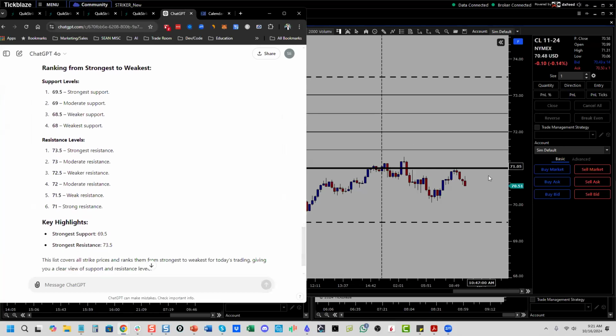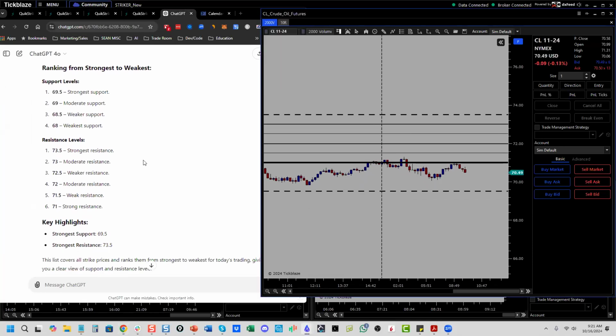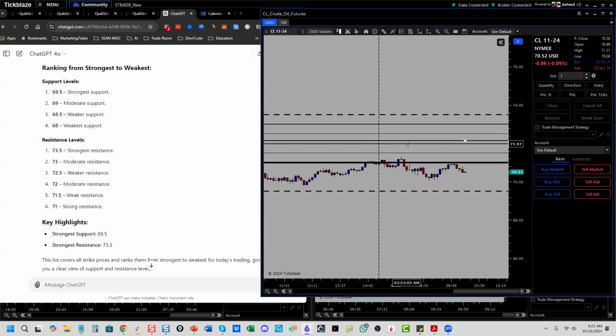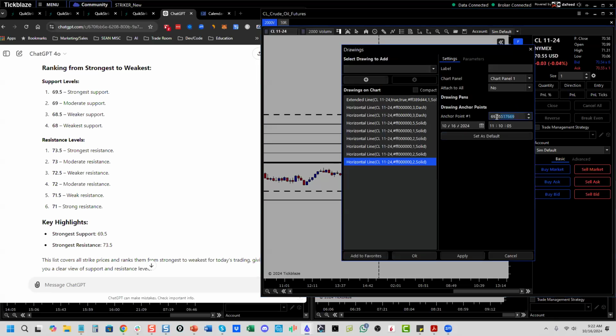So we've got strongest support at 69.50, which is what we mapped out here. Moderate support. So let's copy one of these mid color levels and bring it down here to 69. Right, you can go to 69.